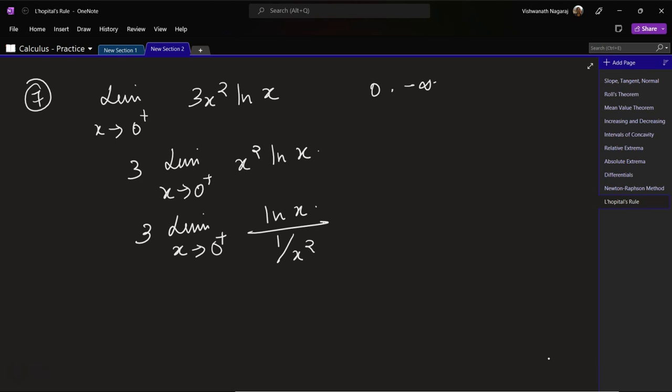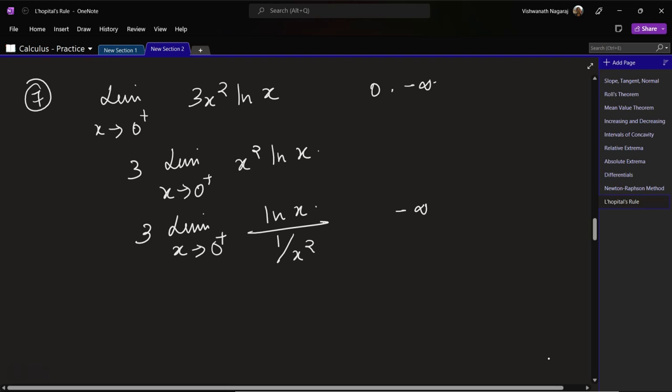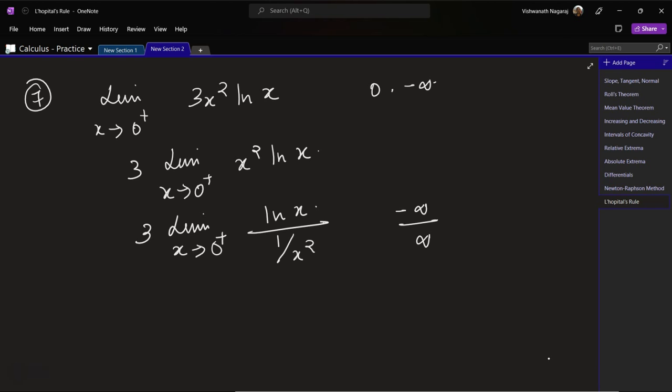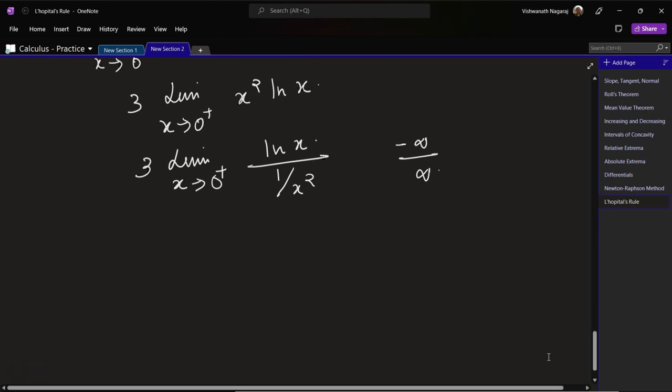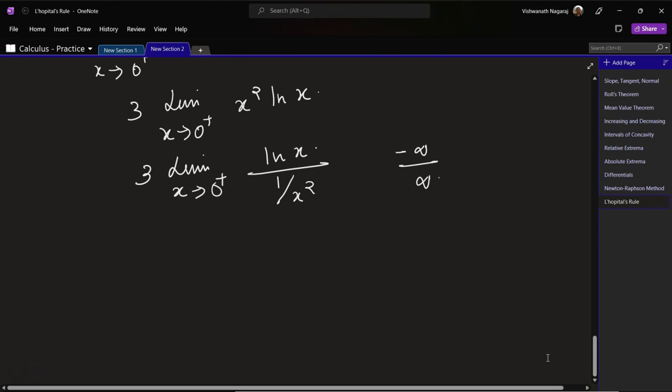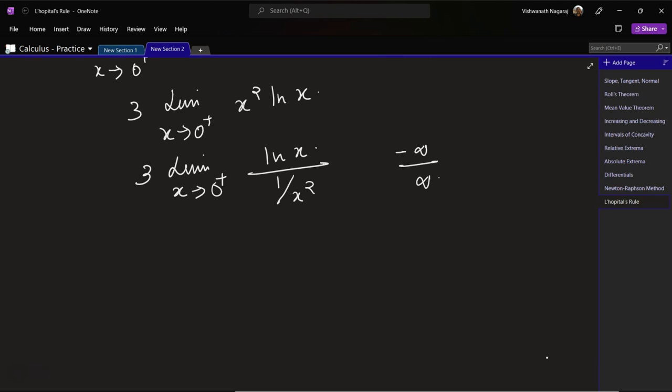Now, if you do substitution now, what happens? Natural log of x is minus infinity, divided by 1 by x square, which is going to be again infinity. So again it is infinity by infinity, which means we can apply the L'Hopital rule. Okay.